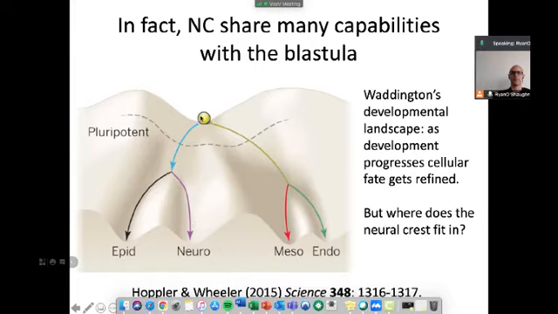So this ball will roll down the hill. This represents the fates that the cell undergoes, and it can undergo an epidermal fate, a neural fate, a mesodermal fate, or an endodermal fate, like all pluripotent cells can. So where do neural crest cells fit in this scheme?